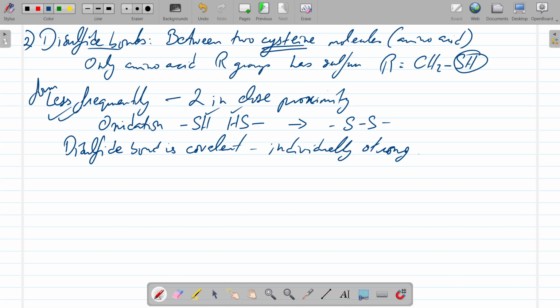And again, they are important for folding and giving the shape to the protein. And finally, ionic bonds. Alright, so ionic bonds can form between some of the strong positive and negative amino acid side chains of the R groups.